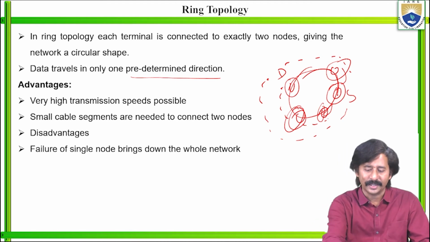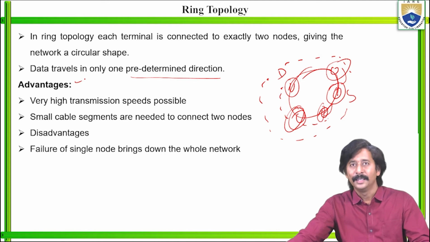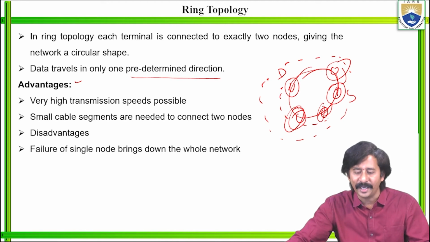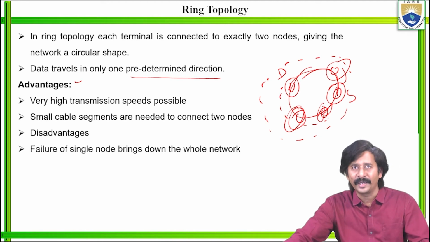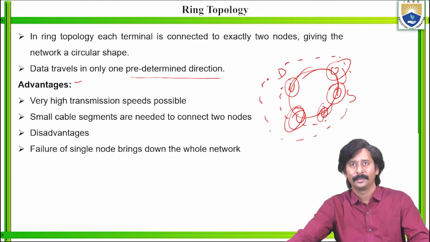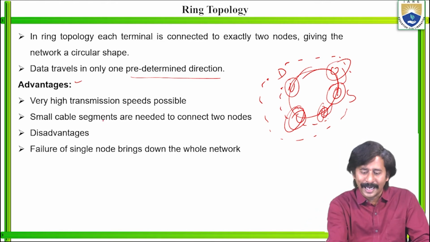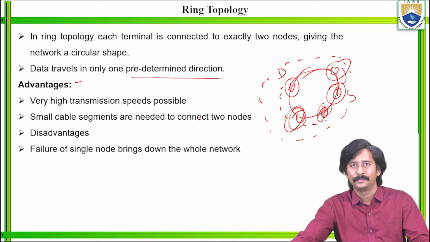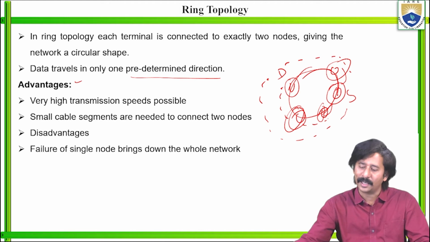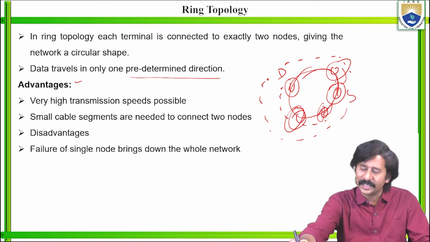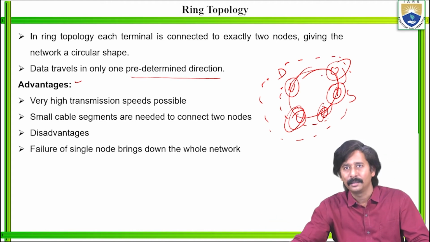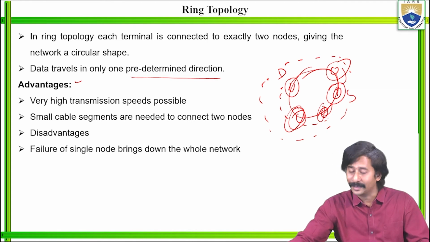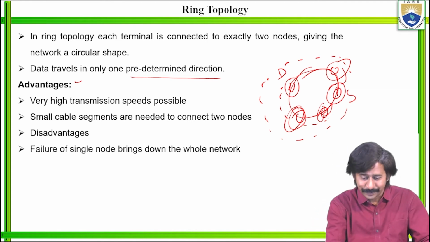What are the advantages of ring topology? Very high transmission speed is possible in case of ring topology, because small cable segments are required to connect two nodes, as those are at least near when compared to the remaining topologies. But there is a drawback here.